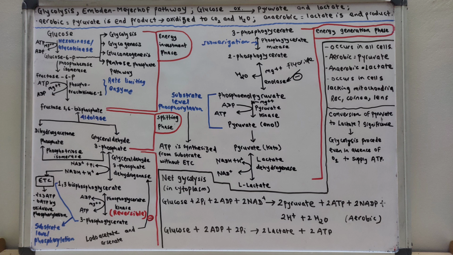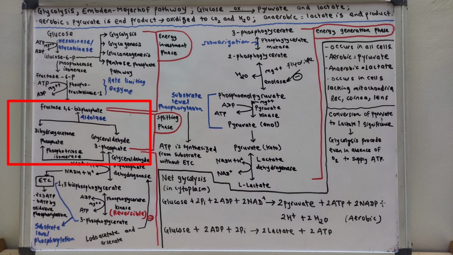Now let us move towards the another phase of the glycolysis, that is splitting phase. In the splitting phase, the 6-carbon fructose 1,6 bisphosphate is split, hence the name glycolysis, to 2 3-carbon compounds. One compound is glyceraldehyde 3-phosphate and another compound is dihydroxyacetone phosphate by the enzyme aldolase.